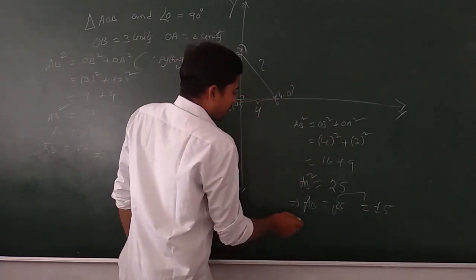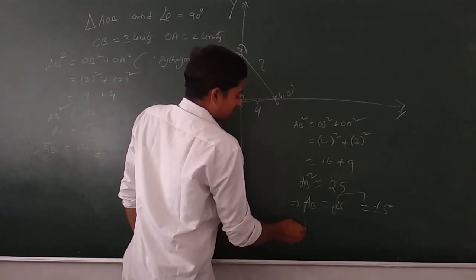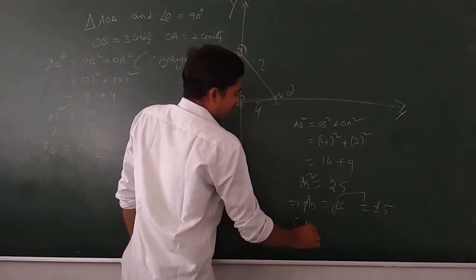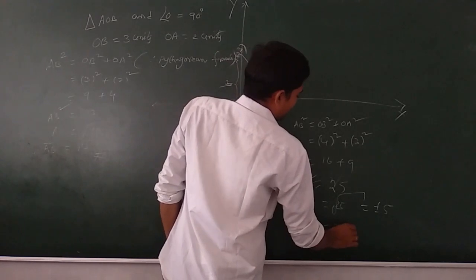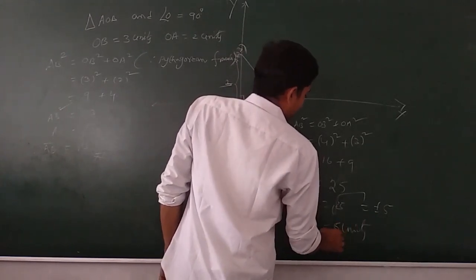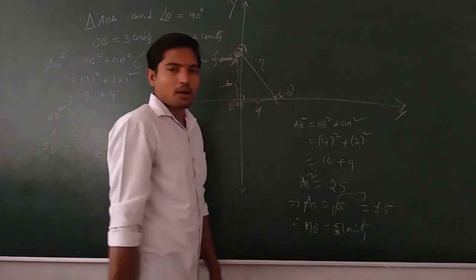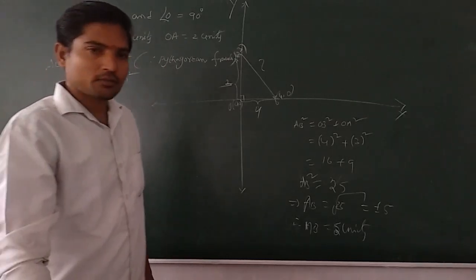Therefore AB equal to 5 units. Why? Because distance should not be negative. Right?